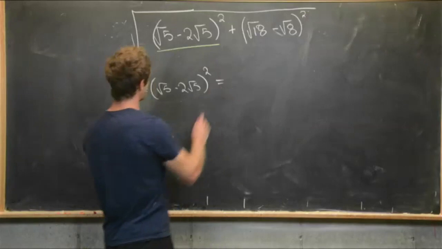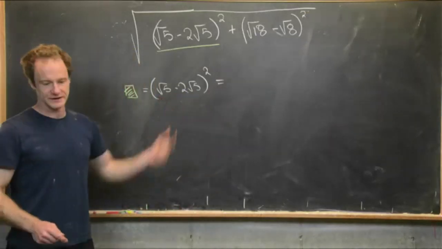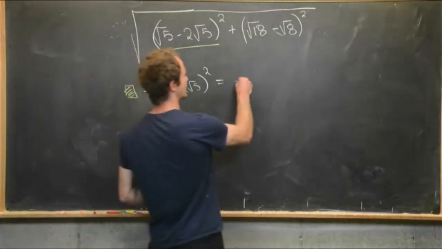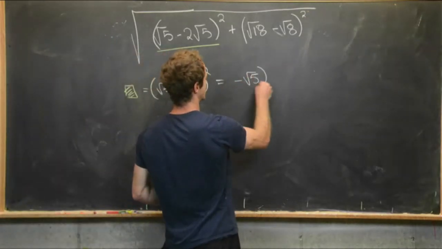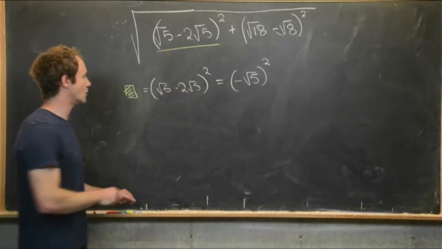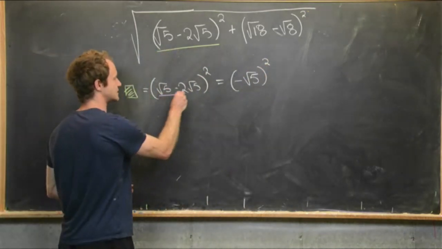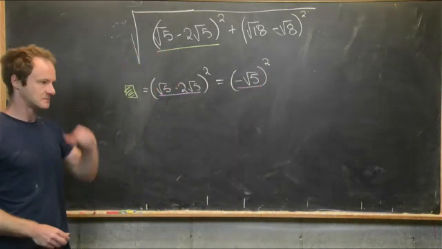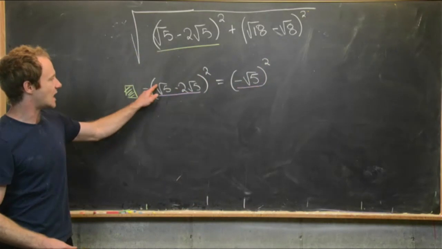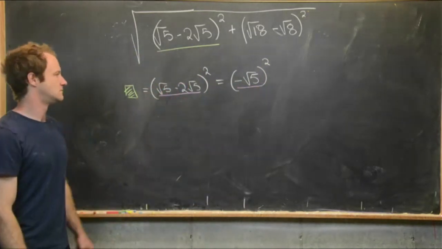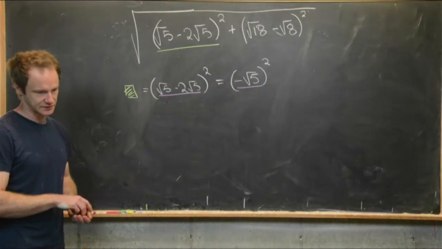And if you've got 1 square root of 5 and you subtract 2 square roots of 5, then you're left with a negative 1 square root of 5. So we can write it like that. So that's one simplification that we can do. So this thing that I'm underlining in purple became this thing that I'm underlining in purple. If you've got $1, but you owe your friend $2, then you have negative $1. It's just the square root of 5 in this case.